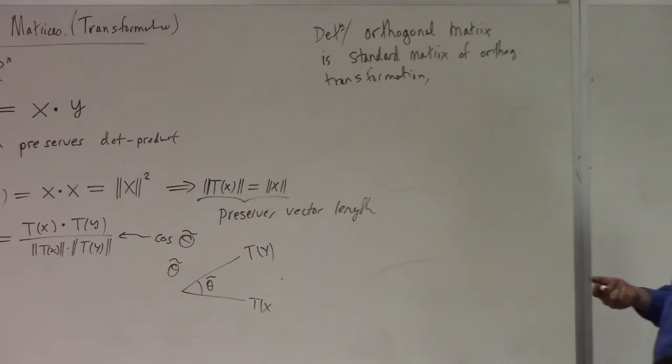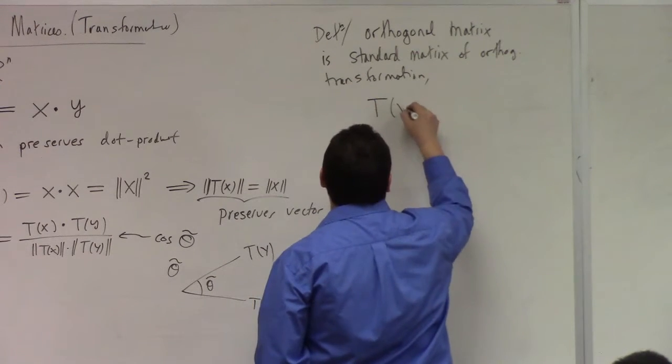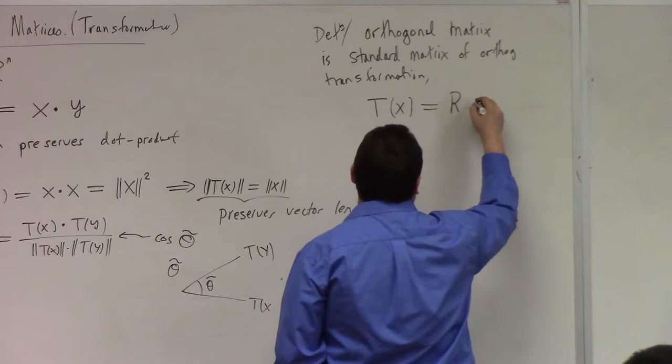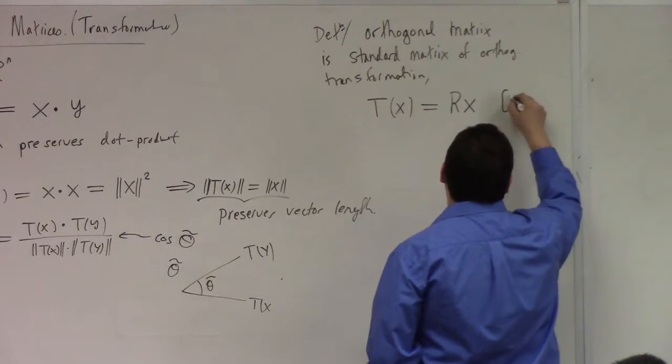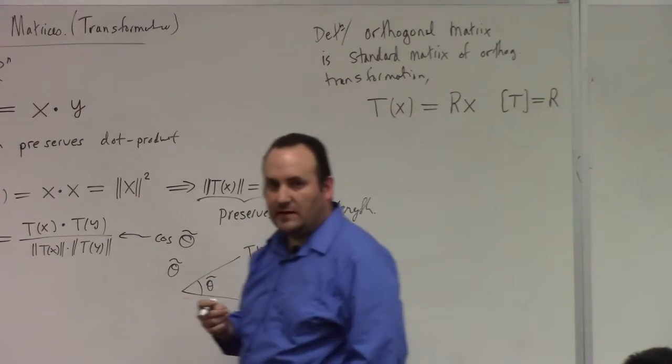So how's that go? In other words, we'll usually use an R for an orthogonal transformation matrix. So let's say T of x is equal to Rx. So I'm saying the standard matrix of T, I'm denoting it by R just for the sake of our discussion here, okay?